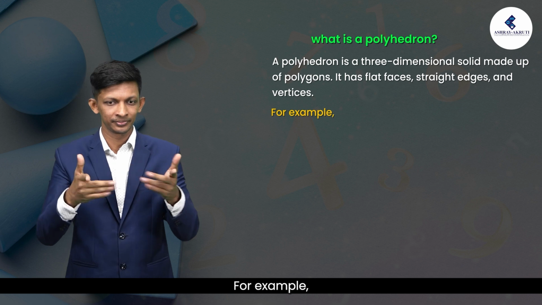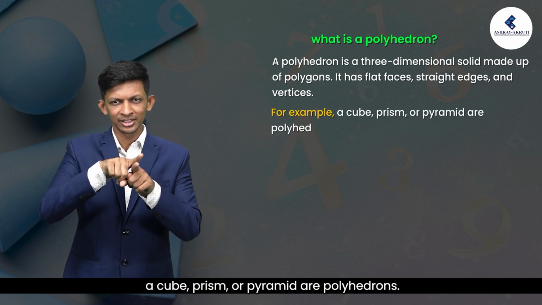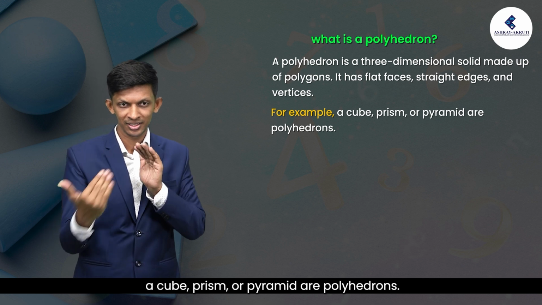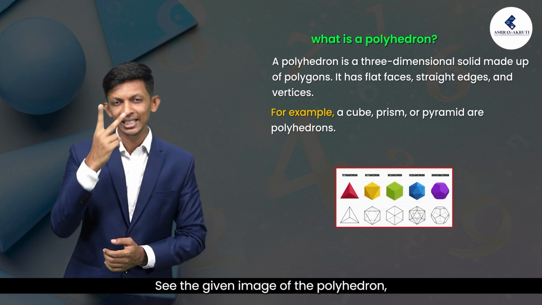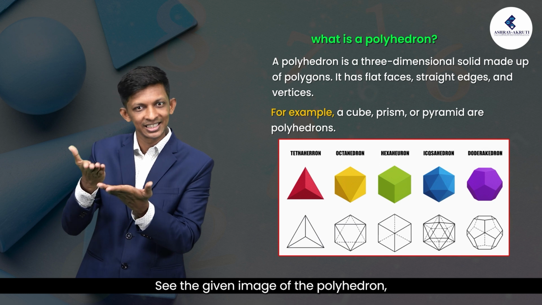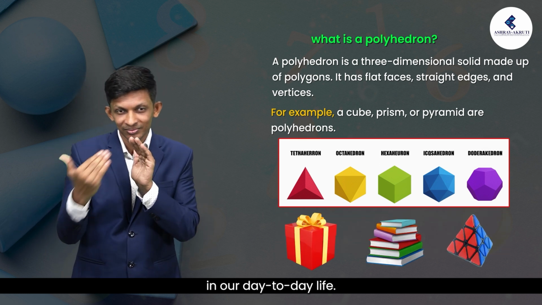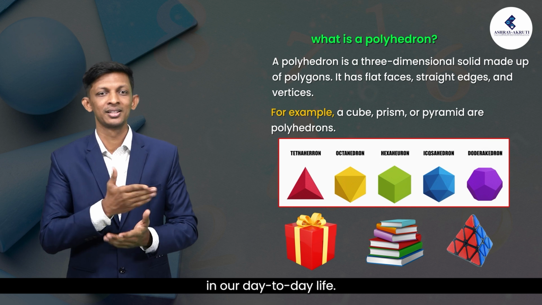For example, a cube, prism or pyramid are polyhedrons. See the given image of the polyhedron. Children, see the given polyhedron in our day-to-day life.